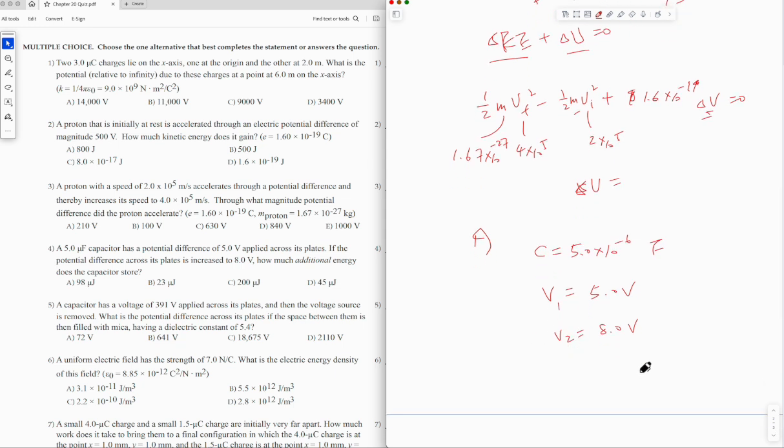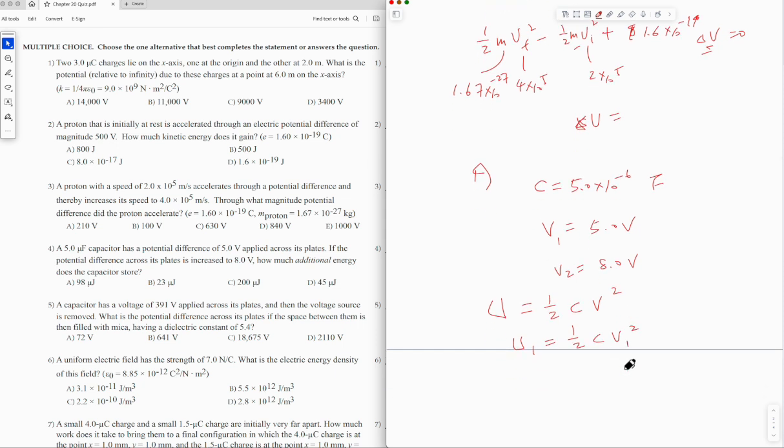All right, so we know a capacitor stores energy U equal to 1/2 CV squared, right? So we know U1, the stored energy, equals 1/2 C V1 squared.